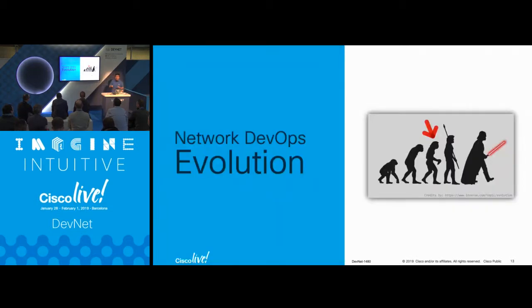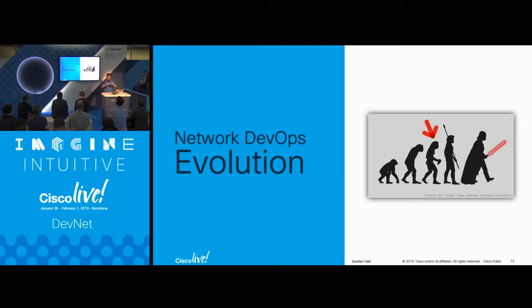Now, let's talk about the actual evolution. Obviously, when it comes to evolution, let's not start here because we've been at this for a couple of years. Let's start here. Network DevOps. The first step of any network engineering, after being a CCIE for many years, we've had people come out to us and say, look, I love automation, I know it's the future, I want to automate my DevOps, where do I start?